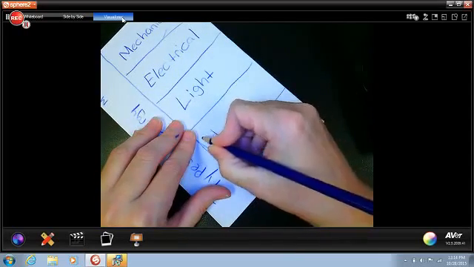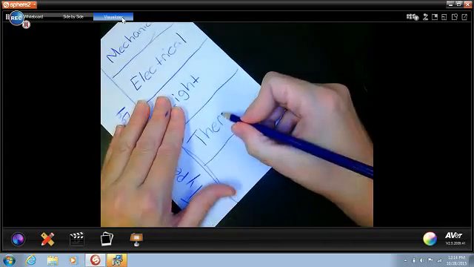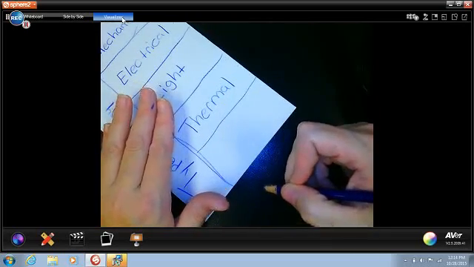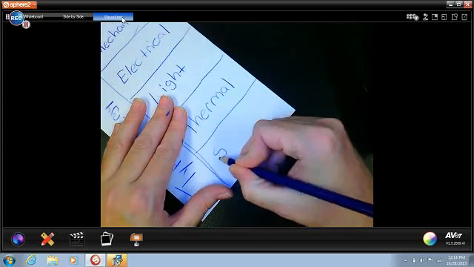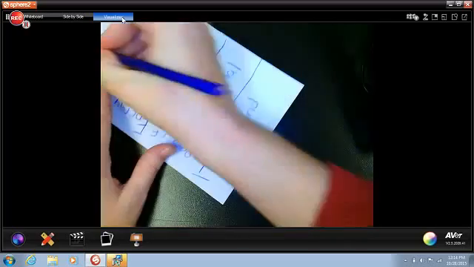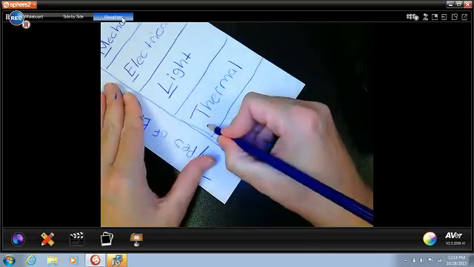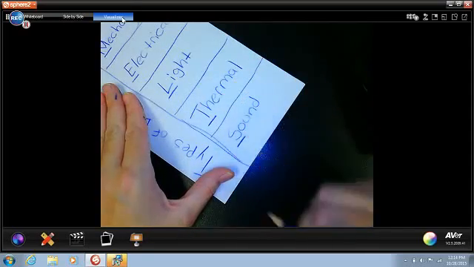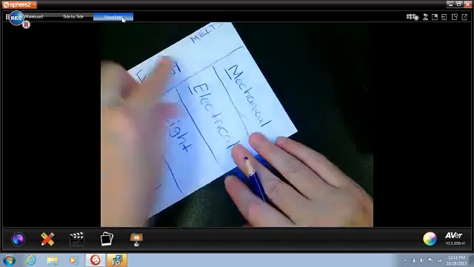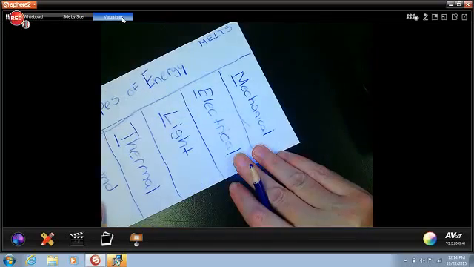Fourth is thermal. And the last one is sound. I'm just underlining these because these letters are the letters that create our acronym for MELT. Alright, so now we have our vocabulary list right here.